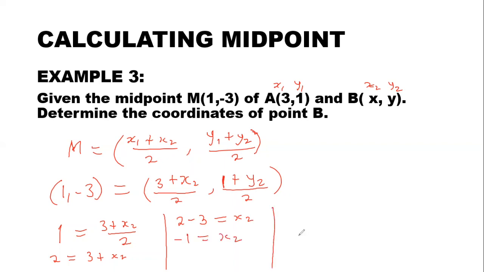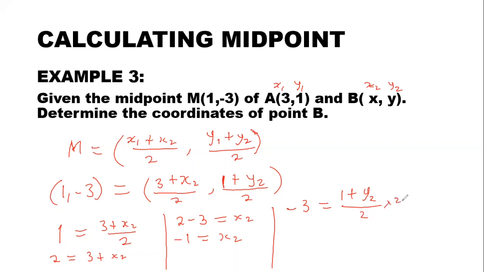So we have to also find the y coordinate by comparing the expression we have here with the value given in the midpoint. So -3 is equal to (1 plus y2) all over 2. To get rid of the fraction, we multiply both sides by 2 because there's 2 at the denominator.